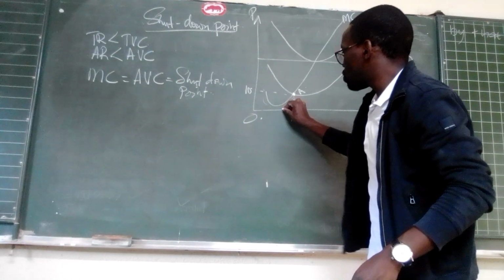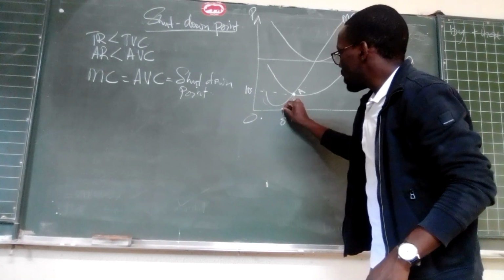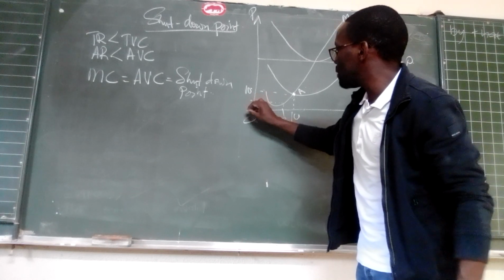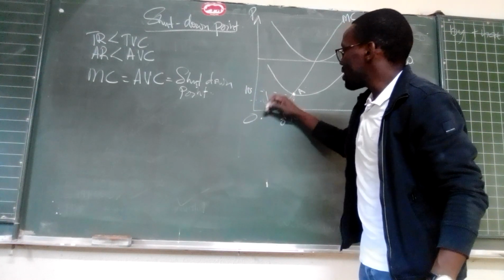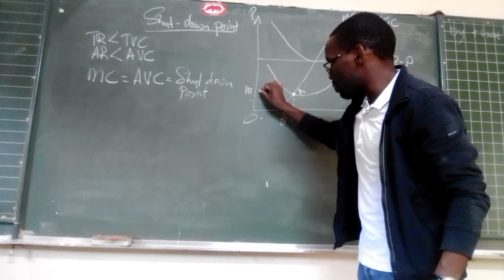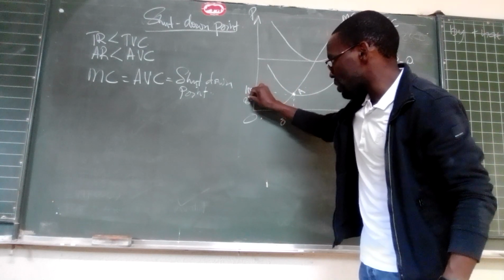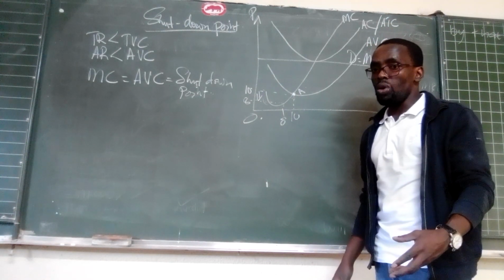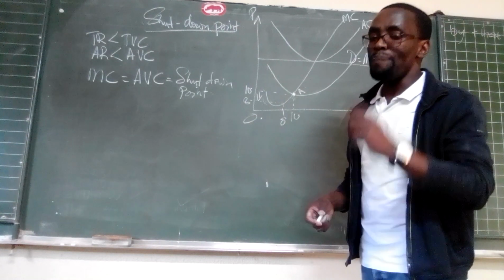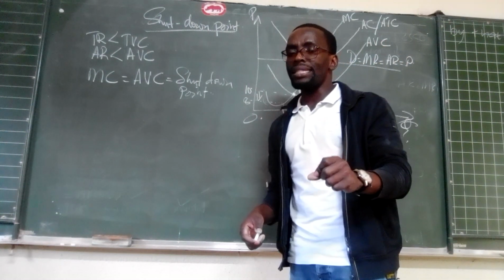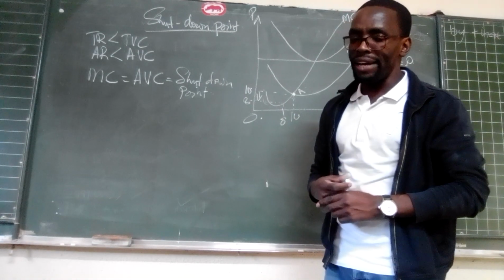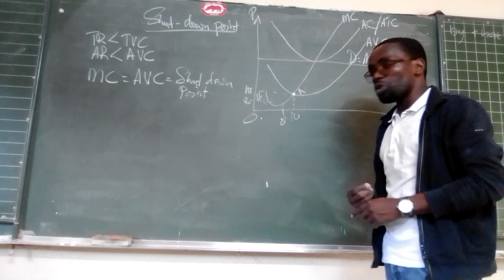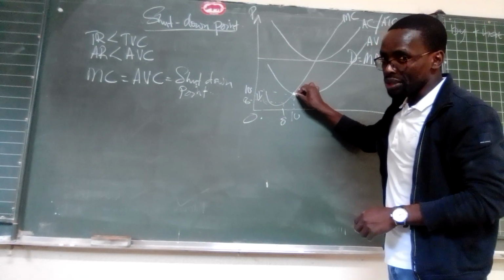For example, if we produce 8 units, and these 8 units are going to be sold at a price less than the 10 rands, probably at a price like 8 rands, then it means at this point the firm should consider to shut down. This is the point at which our average revenue is less than our average variable cost, and in such instances the firm should consider to shut down. So this is our shutdown point, dear learners.